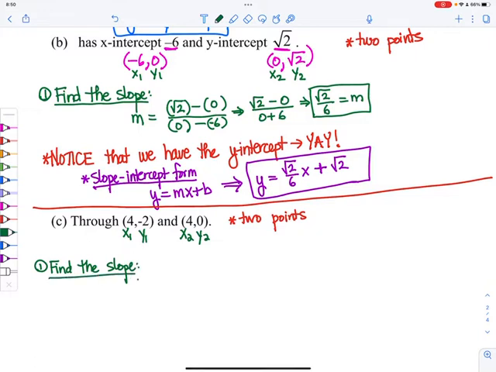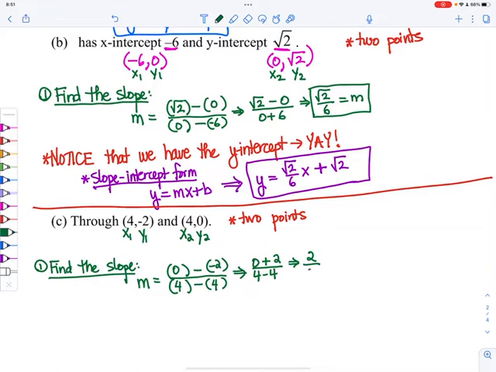I will do (y2 minus y1) over (x2 minus x1). So I get 0 minus negative 2 over 4 minus 4. So this will be 0 plus 2 over 4 minus 4. So we get 2 over 0, which is undefined.